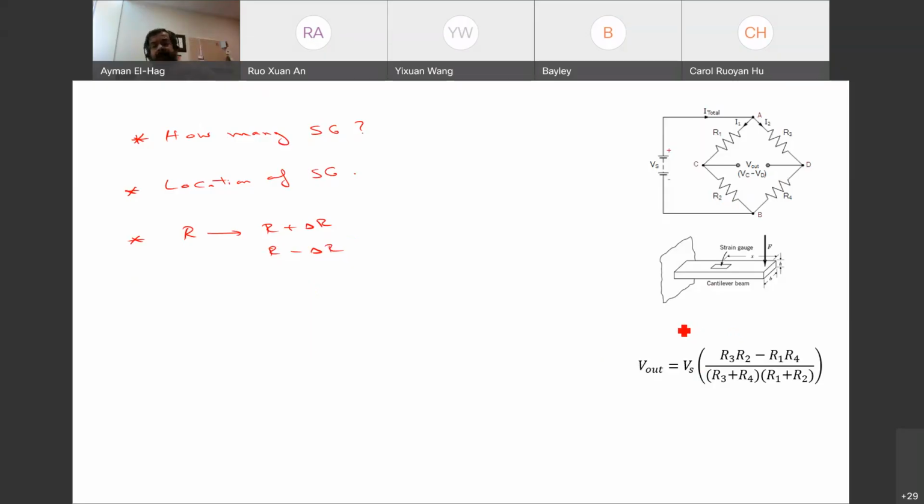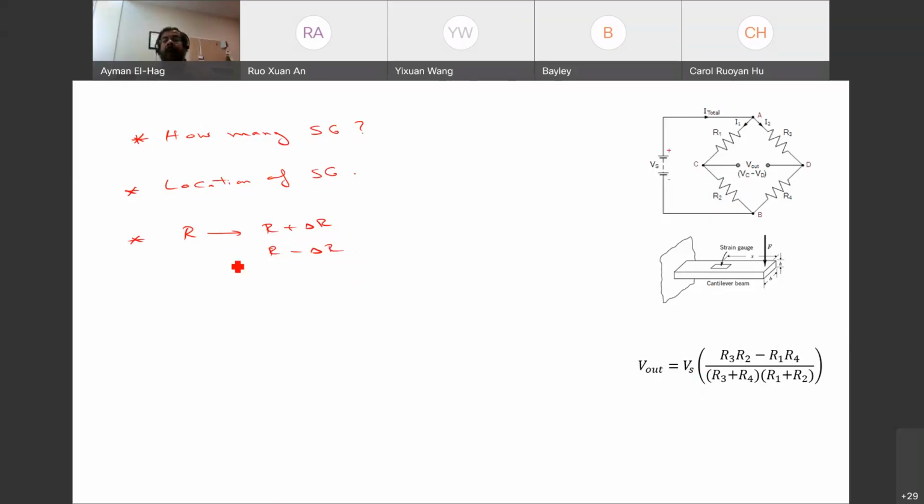Just substitute. You need to know, okay, how many strain gauges? Two. Excellent. We have two strain gauges and two resistors, a total of four. Where is the location of the strain gauges? Let's say it's R1 and R2. So R1 and R2 will be changing, and R3 and R4 will be fixed, so don't touch R3 and R4 in the formula.